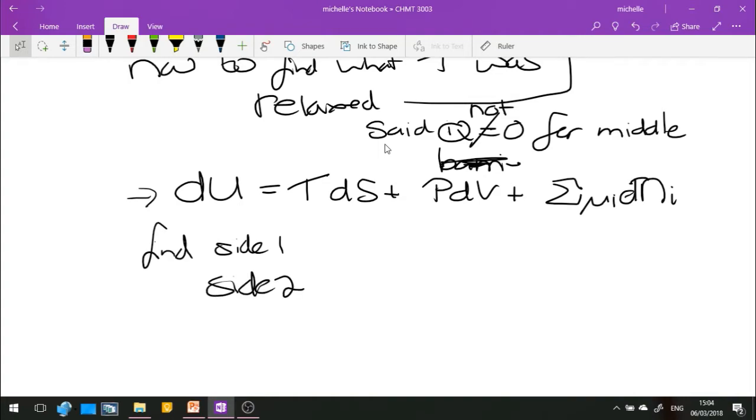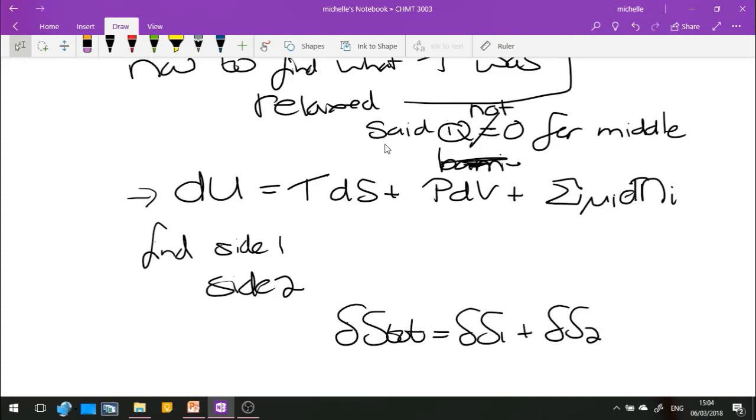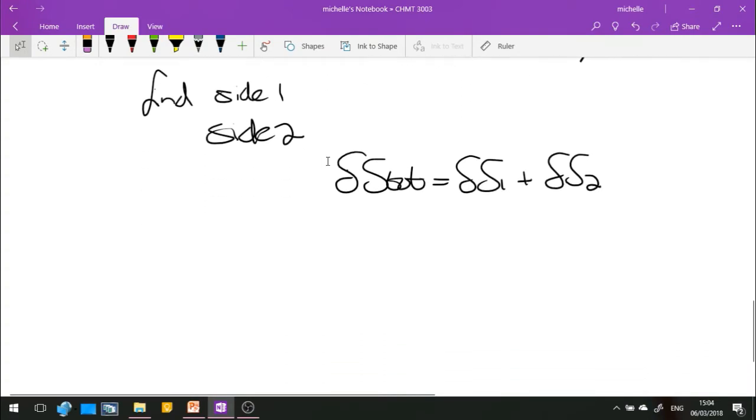And then we use postulate 3, knowing that your total entropy is side 1 plus side 2. And then we also said dU total, because it's additive, is equal to 0. Because if we relax the adiabatic constraint and transfer some energy from U1 to U2, the total is the same.